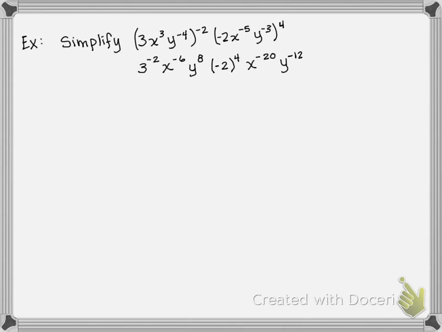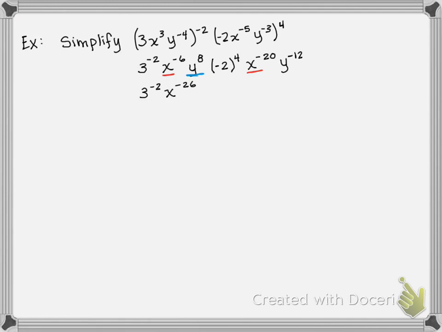Now I'm going to go through and say, let's see, is there a product or quotient of exponential expressions with the same base? There is a product of 2 exponential expressions with a base of x, right? So that's where I use my product rule. I'm going to add those exponents. So we've got 3 to the negative 2, x to the negative 26th.